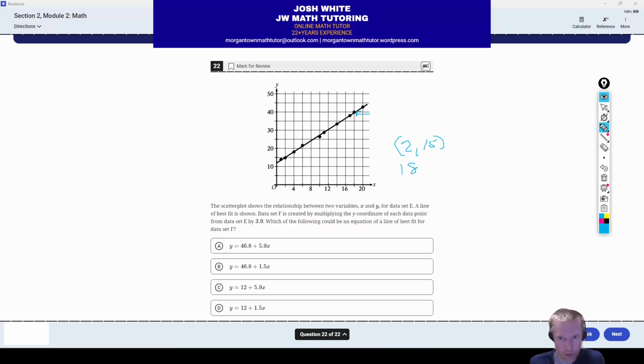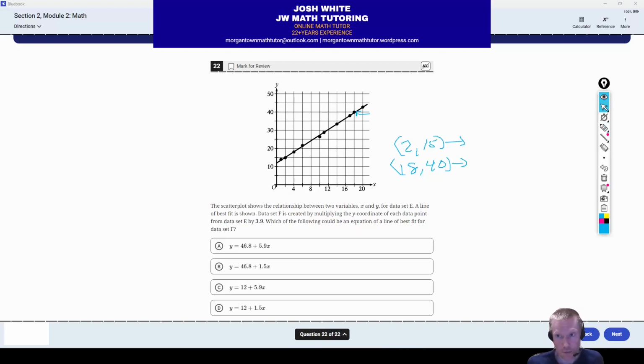So notice I have this point right here, 18, 40. So now, all I'm going to do is multiply these two y coordinates by 3.9. Okay, and that's going to give me my two new values.